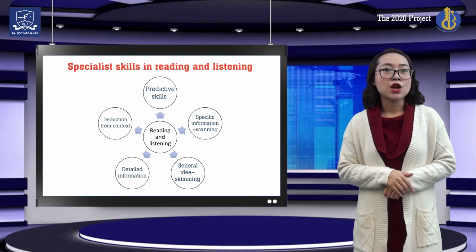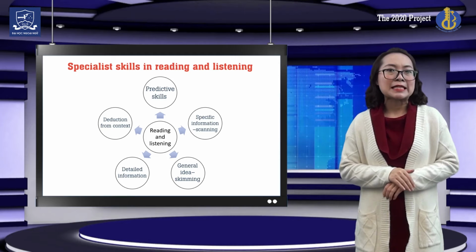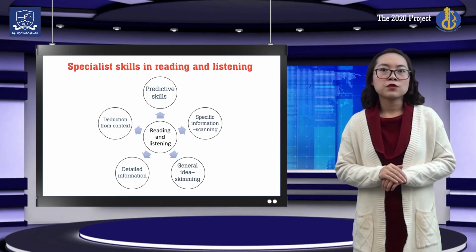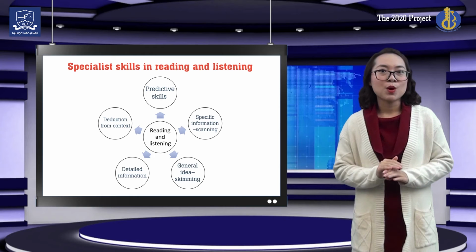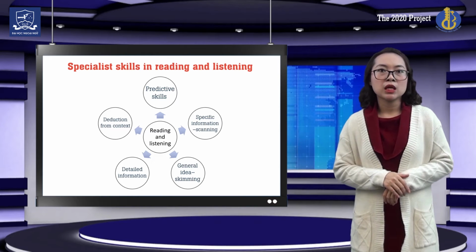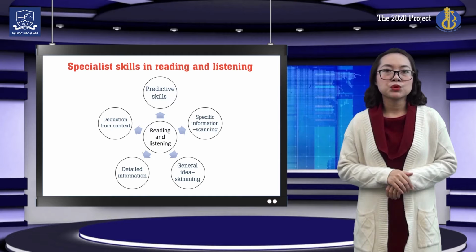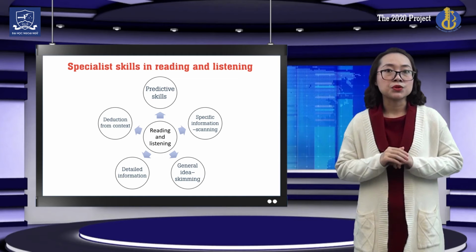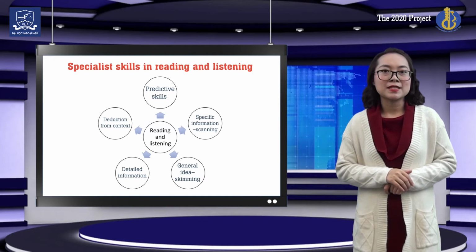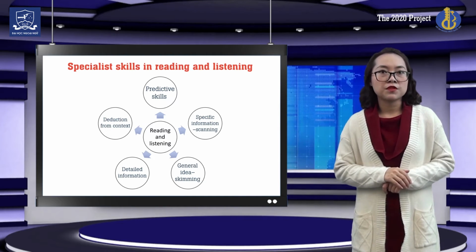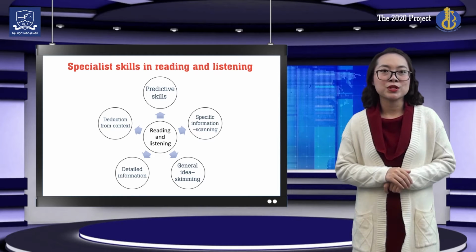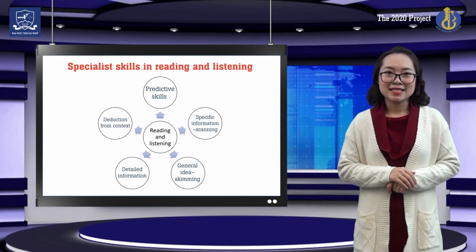"You are in a non-smoking zone" isn't intended solely for information, but also as an order to not smoke, and if you are smoking, to extinguish your cigarette. Make sure that we, as teachers, design suitable activities to develop the five specialist skills for students in reading and listening lessons.